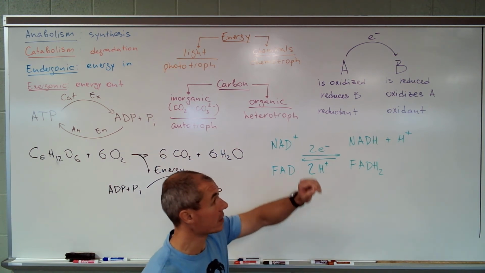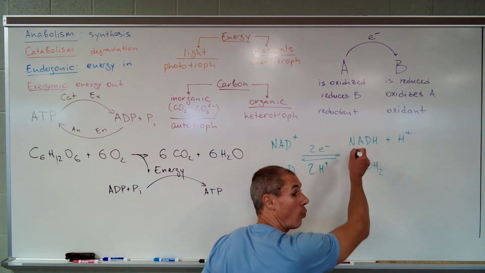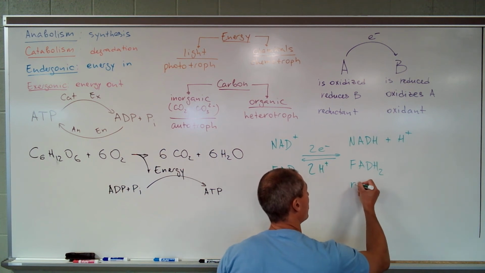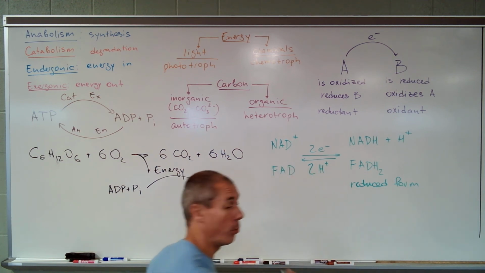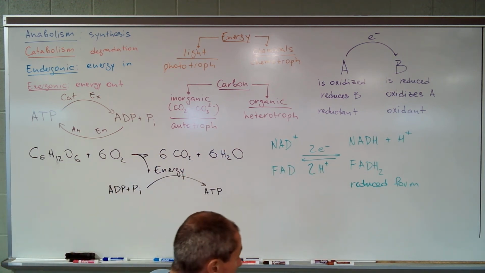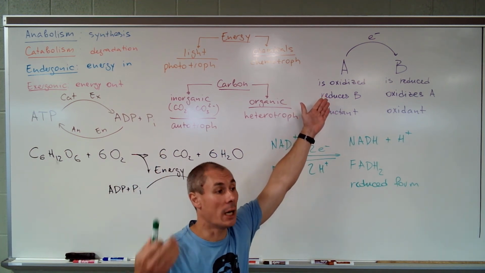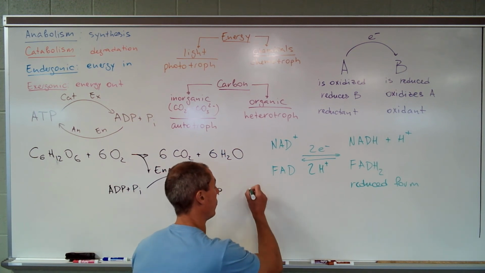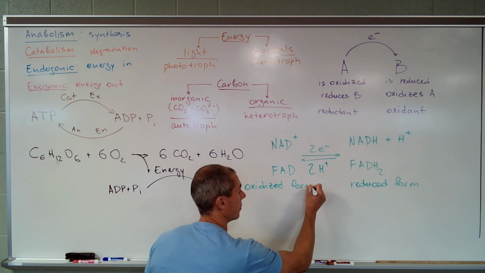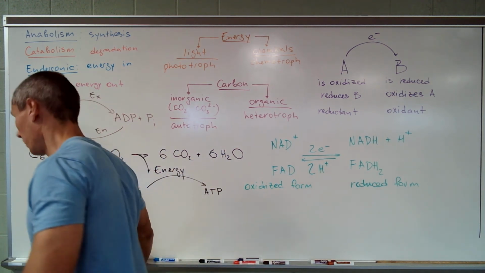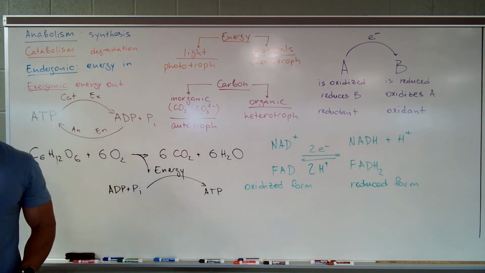When something is gaining electrons, it is reduced. So this form with electrons is called the reduced form, both for NADH and FADH2. When NADH and FADH2 lose electrons, what happens to them? They're oxidized. So these are the oxidized forms of the electron carriers. Okay?